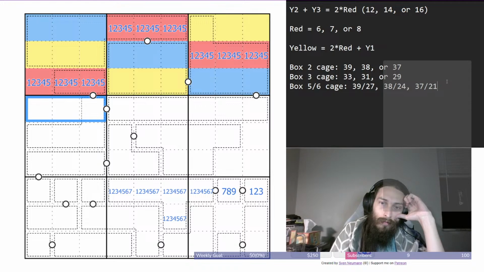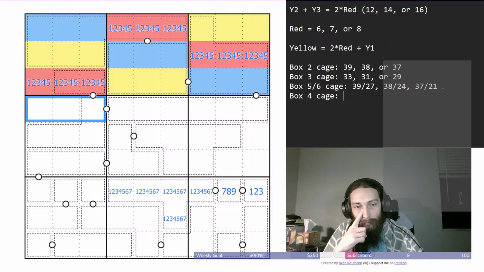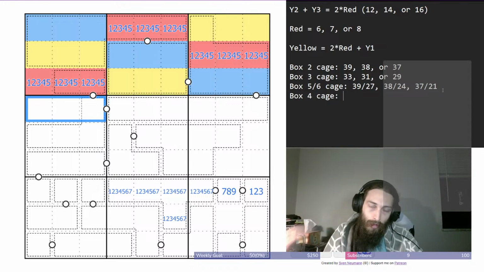Because box 3 cage was box 2 cage minus red. Although I guess if the box 4 cage is maximum 30, you couldn't do 39 minus 6.